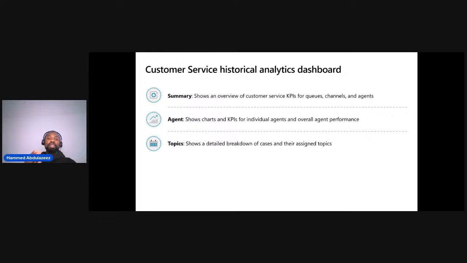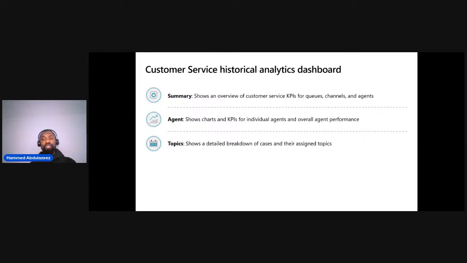So channels are cases that come through, like the web, by phone call, by email, kind of things. And agents as well. When you talk about agents, we talk about the customer service reps that are attending to cases.